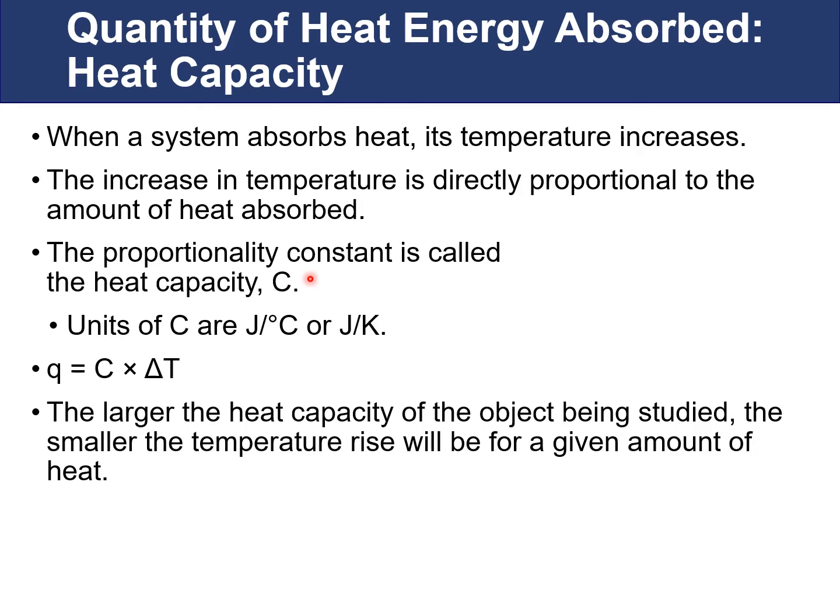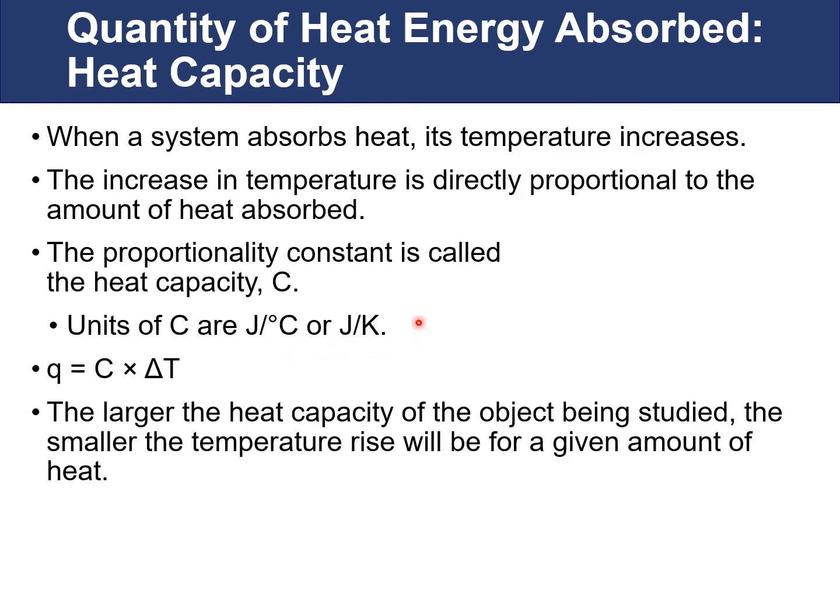But if we're talking about a physical object like a frying pan, you can't really cut a frying pan in half, and so you can't reduce the amount that you have. And so for physical objects that can't be cut into smaller portions, we use the term heat capacity, and those heat capacities will have units of joules per degree Celsius or joules per Kelvin.